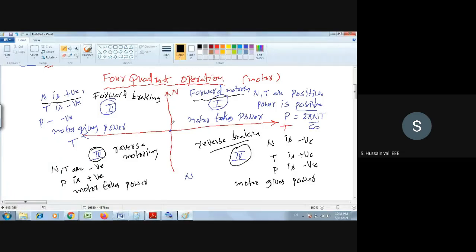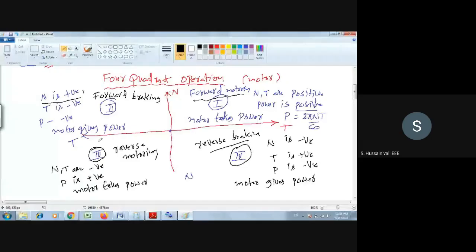Coming to the second quadrant, speed is positive because the y-axis is positive, and the x-axis is negative, that is, torque is negative. So when you do the multiplication, it becomes negative. When the power is negative, the motor is giving back power. Now coming to the third quadrant, both the x-axis and y-axis are negative.